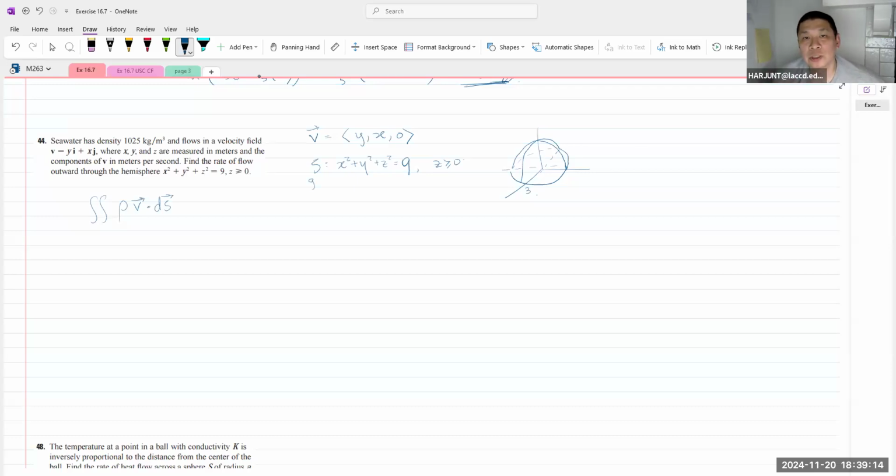Suppose this is our G, the augmented surface. The gradient of G will be 2x, 2y, 2z, and oriented upward that's parallel to x over z, y over z, 1. And the domain is actually a disk with radius 3.